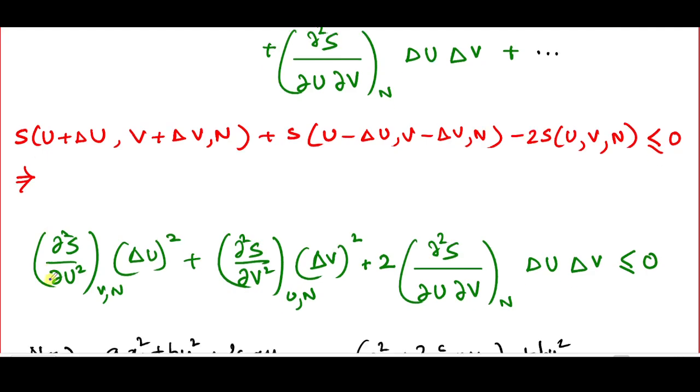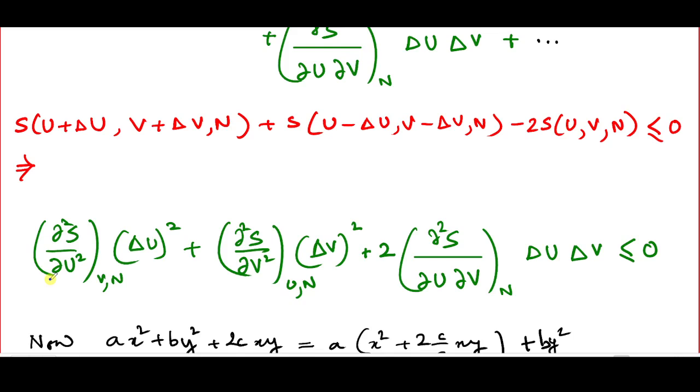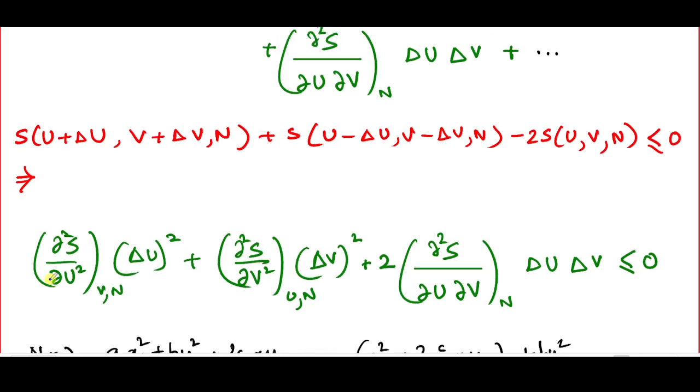Now, this is a quadratic expression involving squares of delta U and delta V and the product of delta U times delta V. Now, if this third term had not been there, this would have simply been the sum of two squares with two factors in front, and this being less than or equal to 0 would immediately translate to this being negative and this being negative.